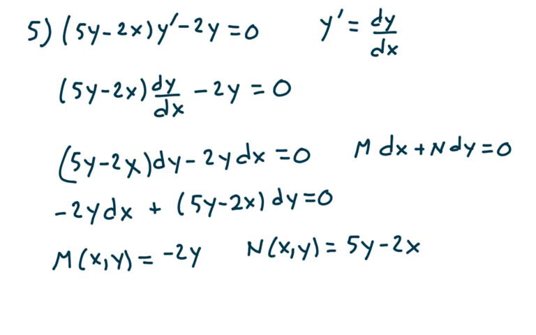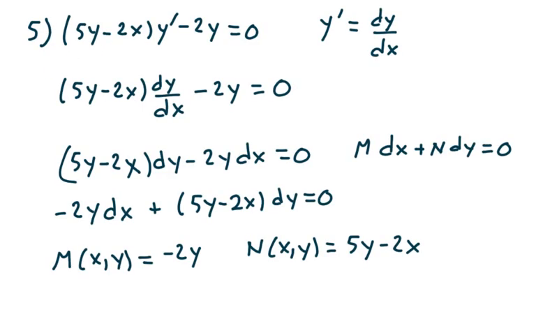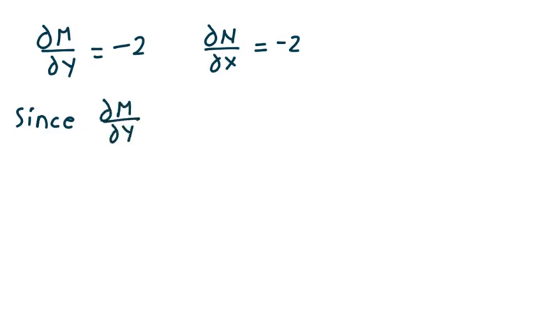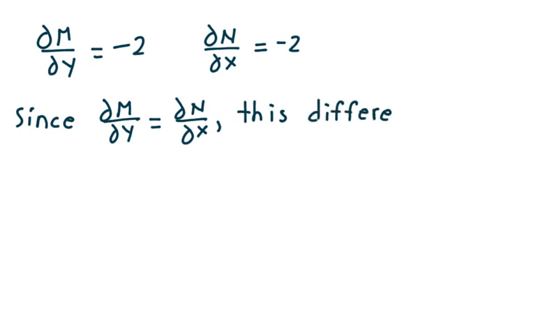And so from here, I'm going to take the partial of m with respect to y. And when I do that, I get negative 2. And if I take the partial of n with respect to x, I get negative 2. And so notice how they're the same. Since the partial of m with respect to y is the partial of n with respect to x, this differential equation is exact.